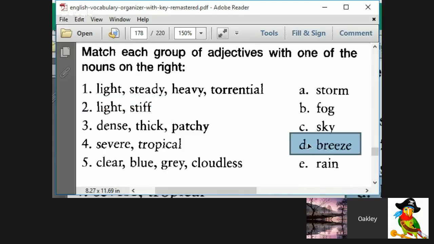A light breeze, a stiff breeze. A stiff breeze is a nice, steady, fairly strong breeze. You could go fly a kite in a nice stiff breeze. Be a good kite flying day.